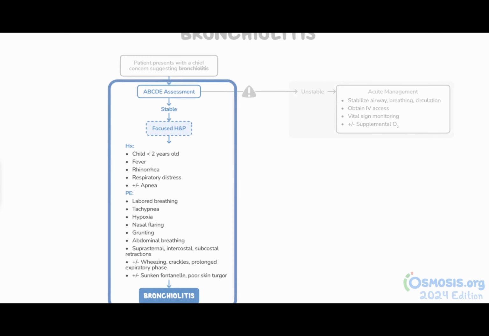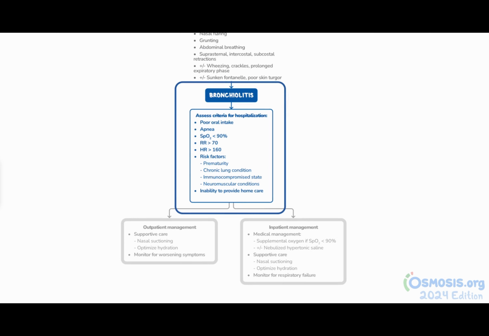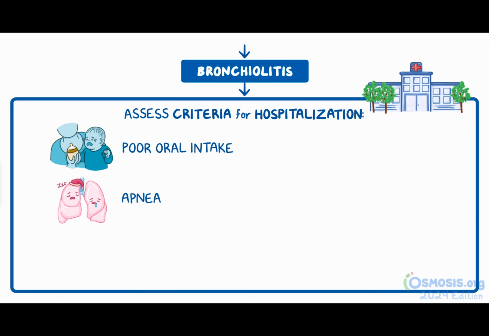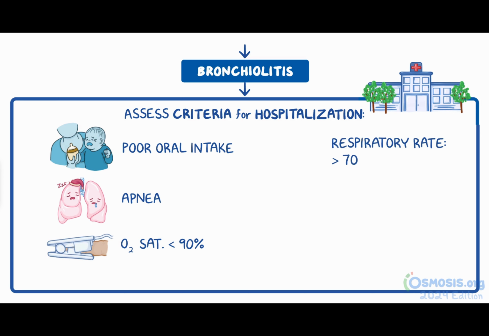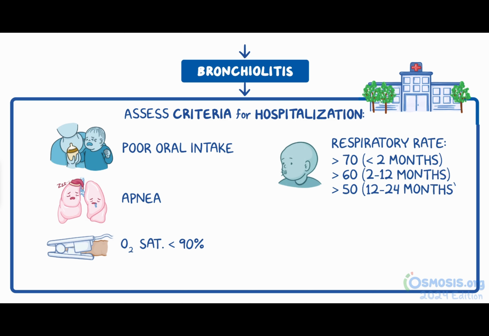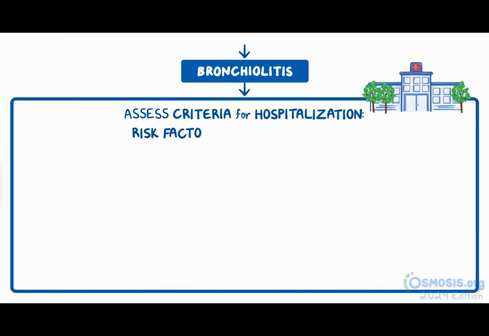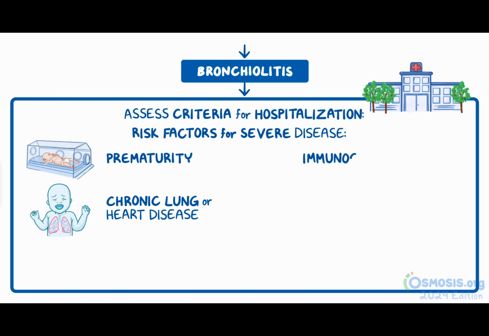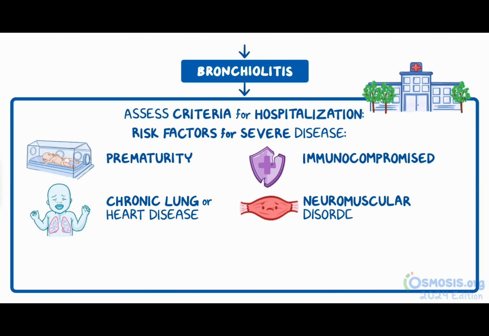All right, once you diagnose bronchiolitis, you'll need to assess the criteria for hospitalization in order to determine a treatment plan. These criteria include poor oral intake, apnea, and oxygen saturation below 90%, respiratory rate above 70 breaths per minute if your patient is less than 2 months of age, but above 60 if they're 2 to 12 months old, and above 50 if they're 12 to 24 months old, heart rate above 160 beats per minute, and risk factors for severe disease, including prematurity, chronic lung or heart disease, immunocompromised state, or a neuromuscular disorder.